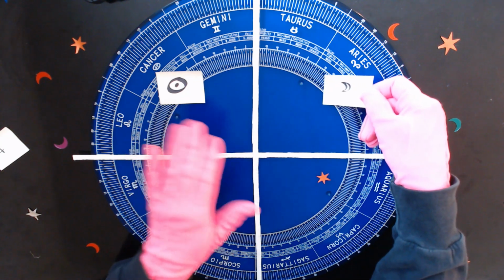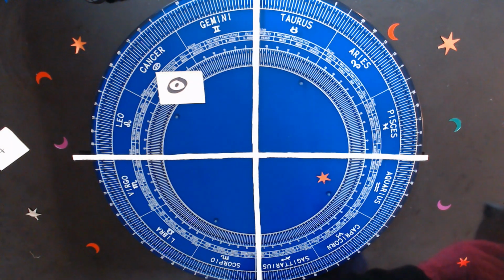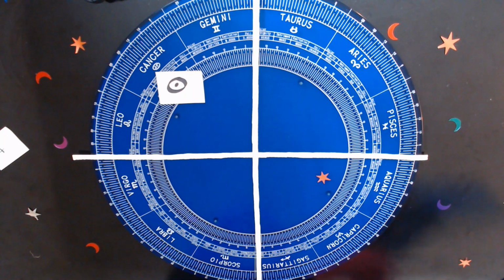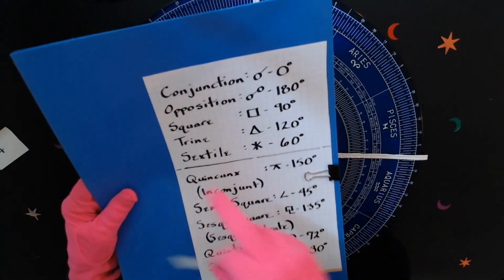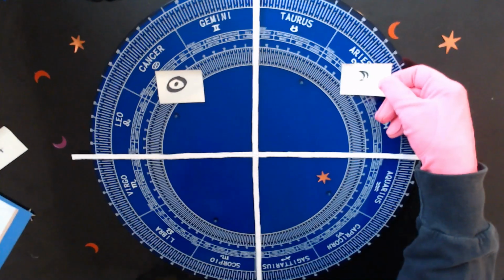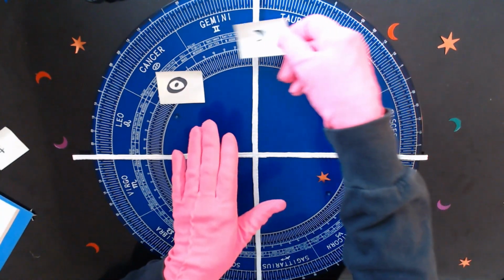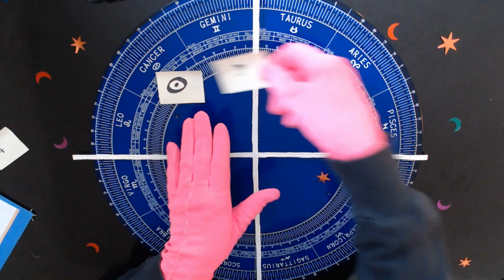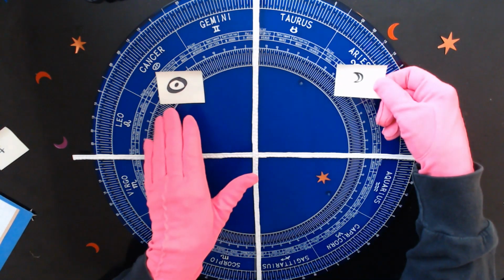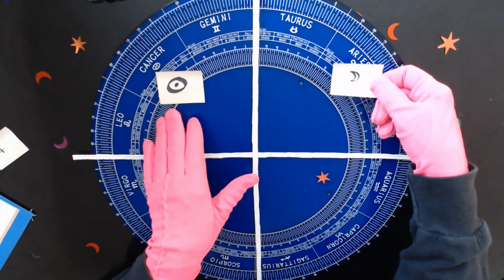And remember, squares are always 90 degrees in our chart here. Because that Moon is moving towards the Sun, remember the Moon is the faster one, that's going to be called an applying square. So you're going to hear that expression also.